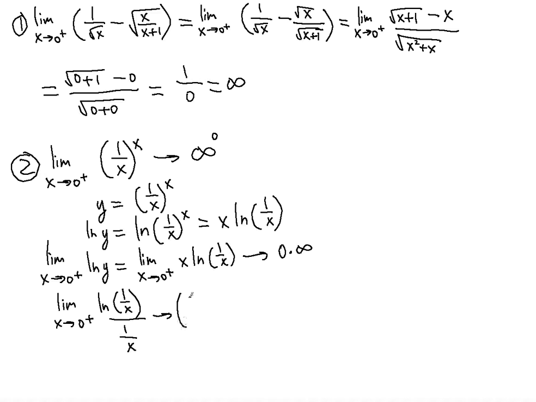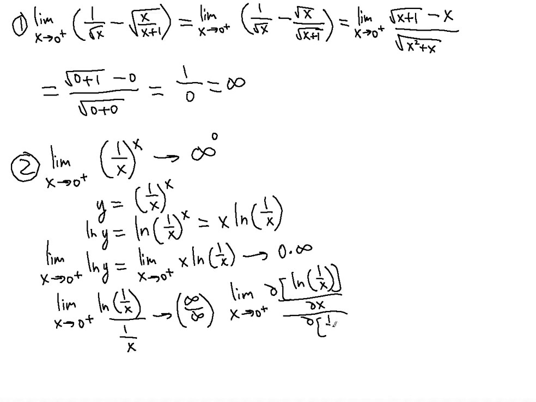So you will get infinity over infinity. That's an indeterminate form, right? So you have to use L'Hopital's rule. You have no choice. So you're going to take the derivative of ln of 1 over x with respect to x and divide it by the derivative of 1 over x with respect to x, right?